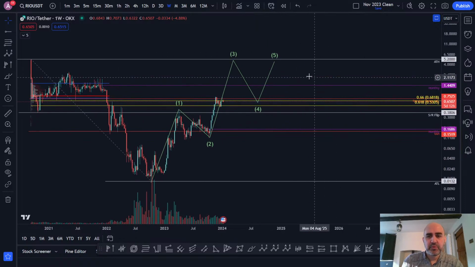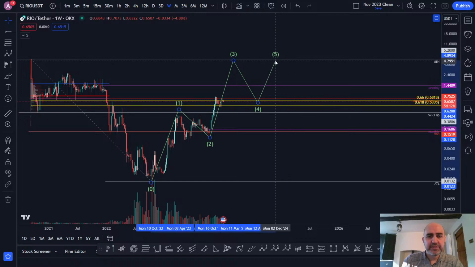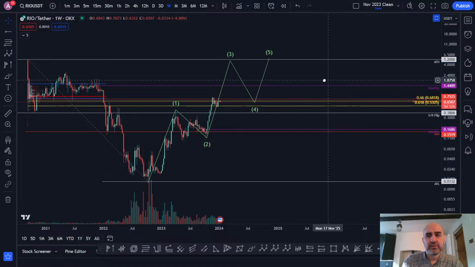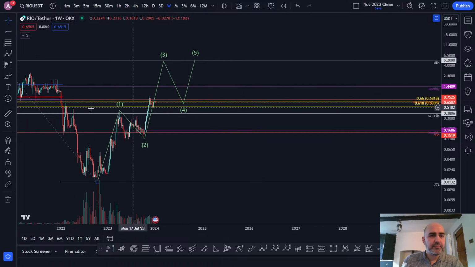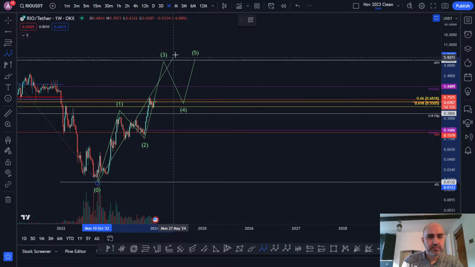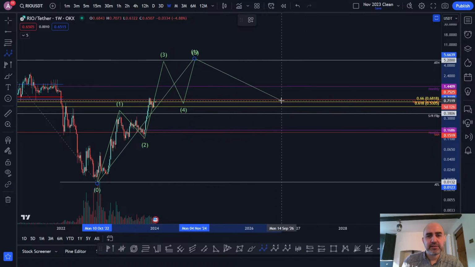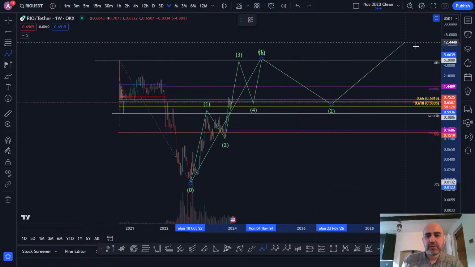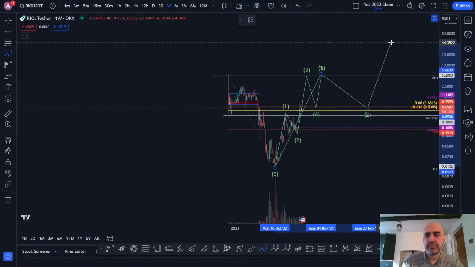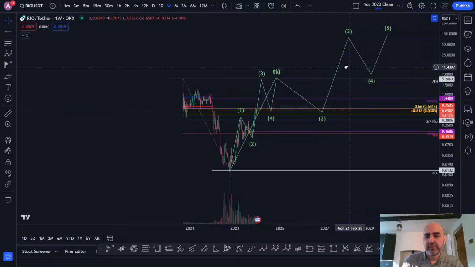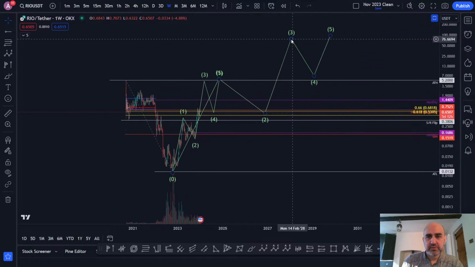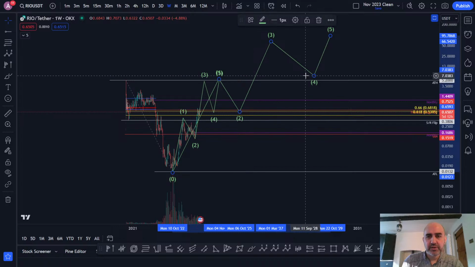Then if this whole thing is a wave 1, then we have a correction. This whole thing's a wave 1. Then we have an ABC, the wave 2. And that's when our 3 begins. That's the more bullish one. The bigger impulse. And then we have a 4 and a 5. Pushing us into, let me get these timings right.